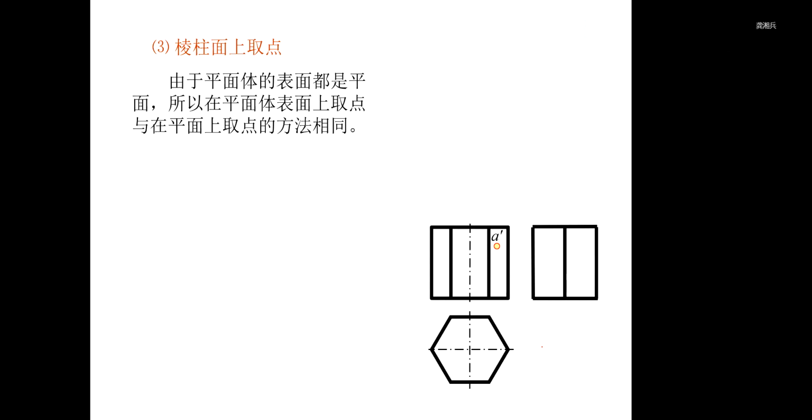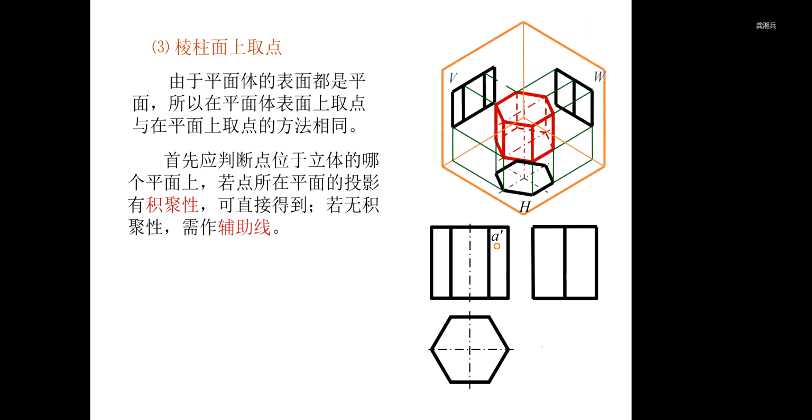Because it's on the surface here, just like here, a point on here. Remember this one, we do not put the point in the inner part of this solid. We put it on the surface. That means what? 1, 2, 3, 4, 5, 6, 7, and 8. We have 8 planes.